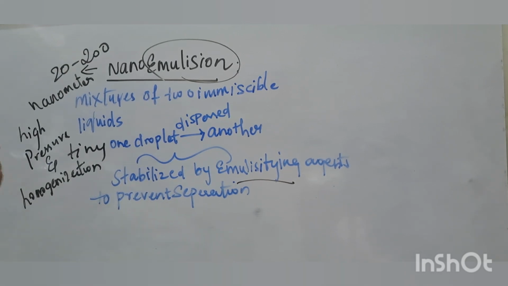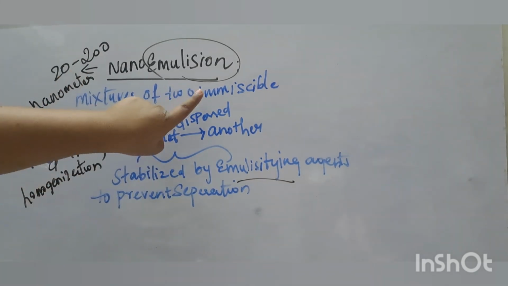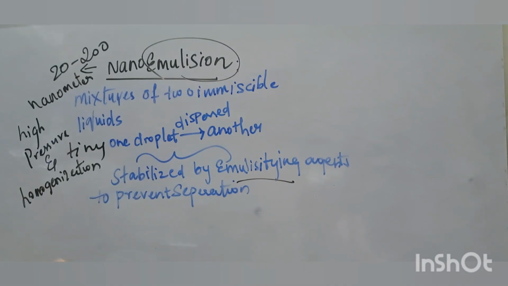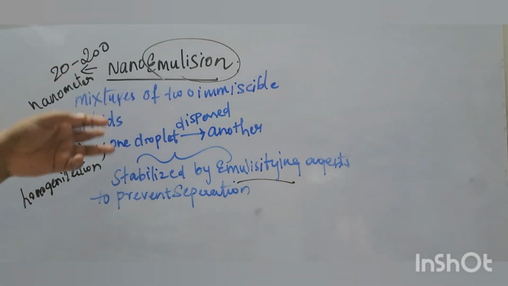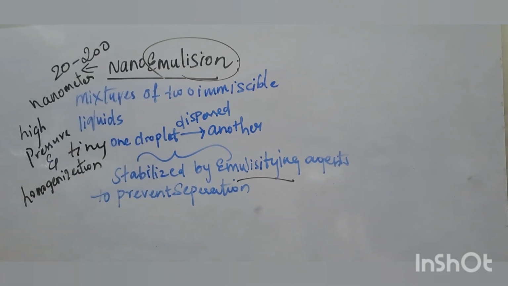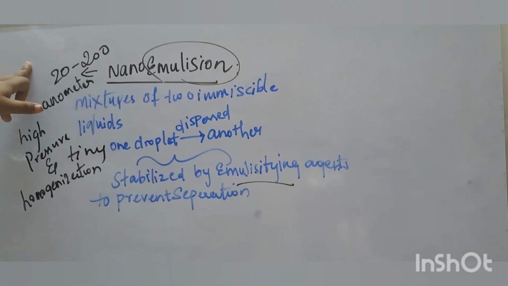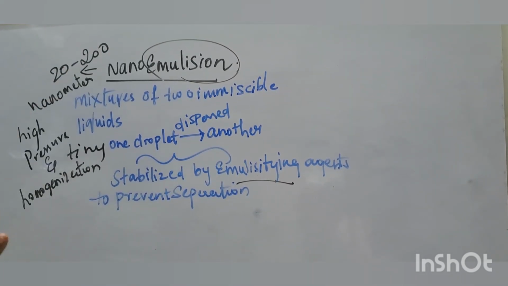Simply, if we put a small droplet of oil in water, it is not miscible. That means it doesn't join or mix in that. So that is why it is called immiscible, right? So the mixture of two immiscible liquids is called emulsion. If we include nanotechnology, that means we are using high pressure and homogenization within the range of 20 to 200 nanometers, and that is known as nano emulsion.